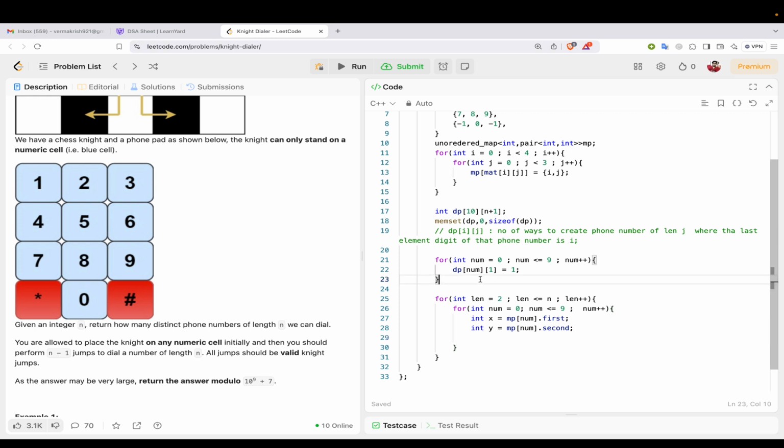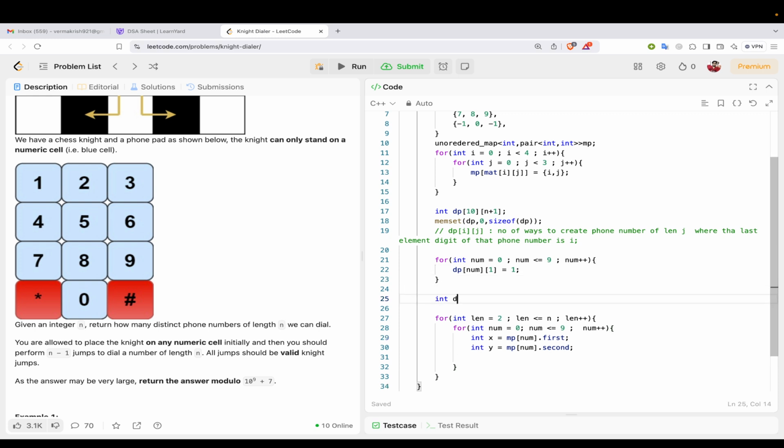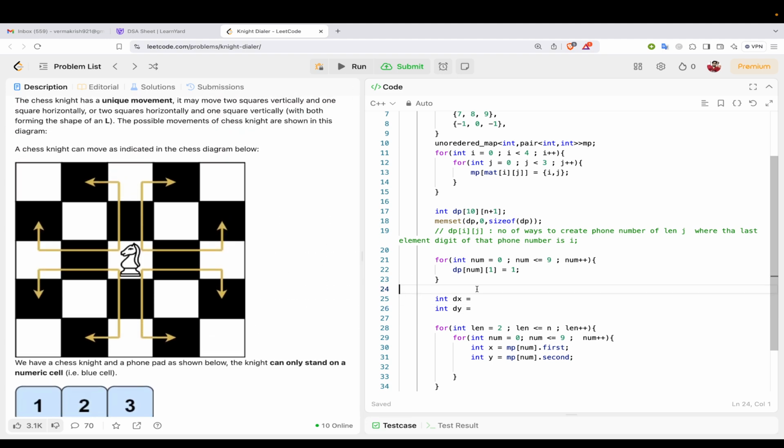So for that we need our dx array and our dy array. So let me write it: -2 -2 -2, here -1 and +1, now plus 2 plus 2. So the first two pairs are for up movement, and this second pair is for down movement.